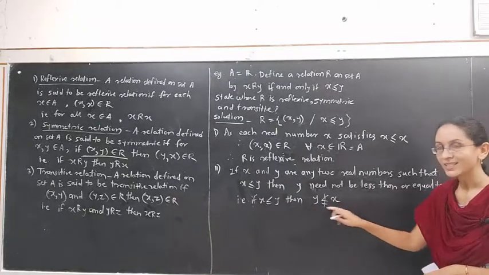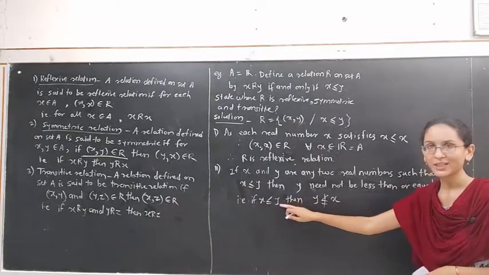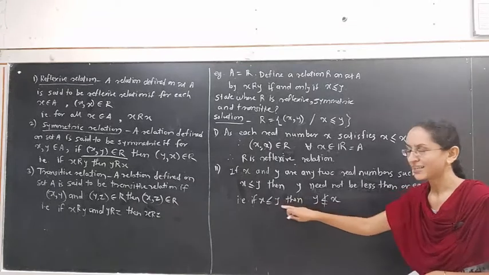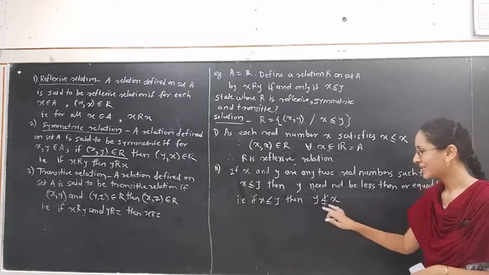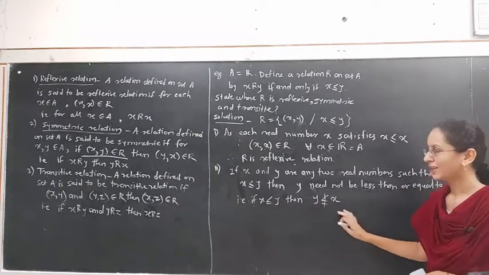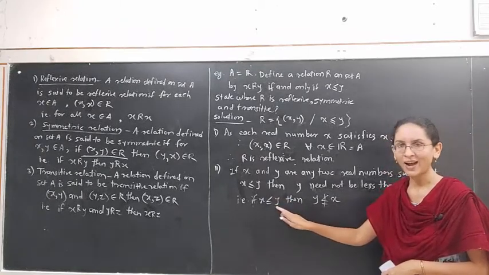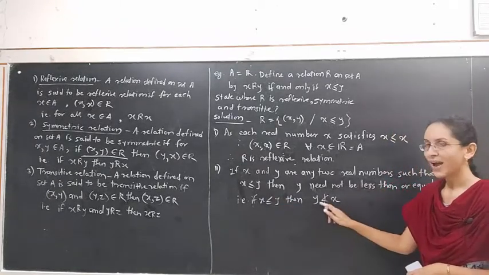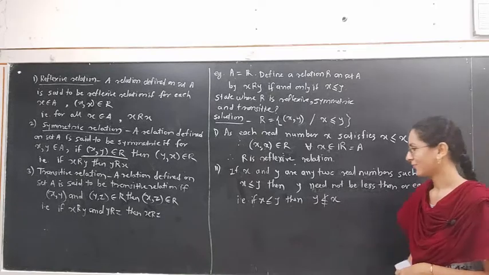We may consider y equal to x, because x is less than or equal to y. In that case x and y are equal, hence y and x are also equal. But if we consider x strictly less than y, then we cannot say that y is less than or equal to x.